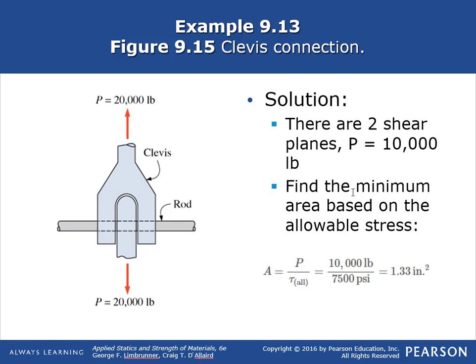Next, we're finding the minimum area based on the allowable stress. So the area equals the load divided by the allowable shear stress, and that gives us a minimum area. When I say minimum area, if the area was increased, then the stress would be lower, so we could carry more load. That's why I say this is the minimum area.